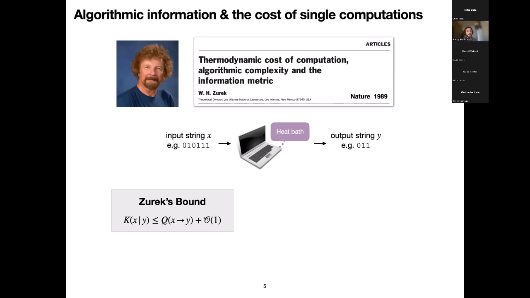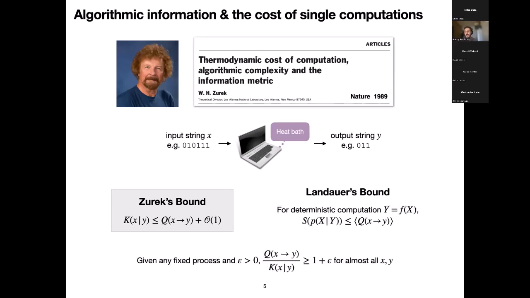But for a fixed process, at any epsilon, what this basically means is that we can choose some very complex x such that the heat generated can't be much different than the conditional Kolmogorov complexity.